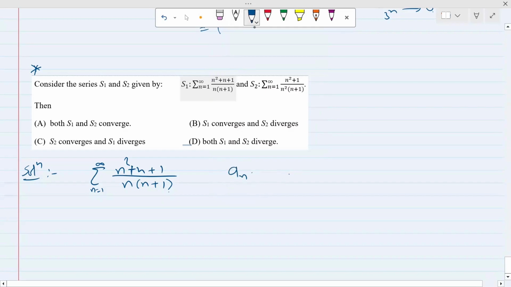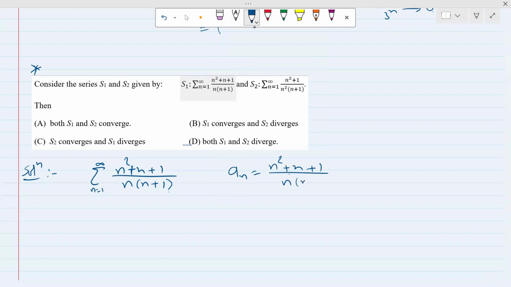What is an here? n square plus n plus 1 upon n into n plus 1. That's nothing but n square plus n plus 1 upon n square plus n. Where does it go as n tends to infinity? 1.